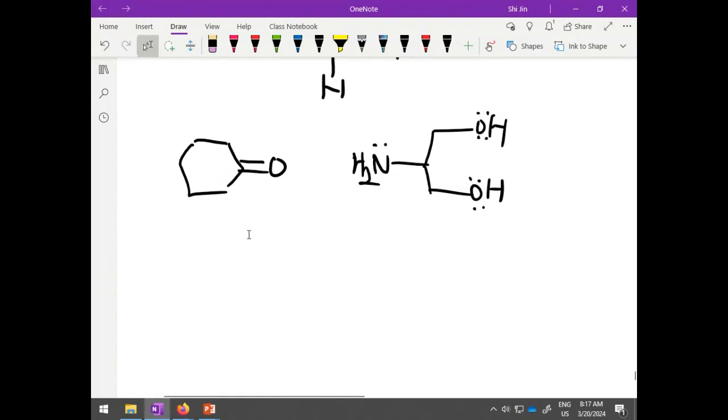So in this case, do you think nitrogen or the oxygen will be the effective nucleophilic atom attacking the carbonyl carbon? It will be nitrogen, because both nitrogen and oxygen have a lone pair available, but nitrogen has a lower electronegativity, so it holds its own lone pair weaker than oxygen.